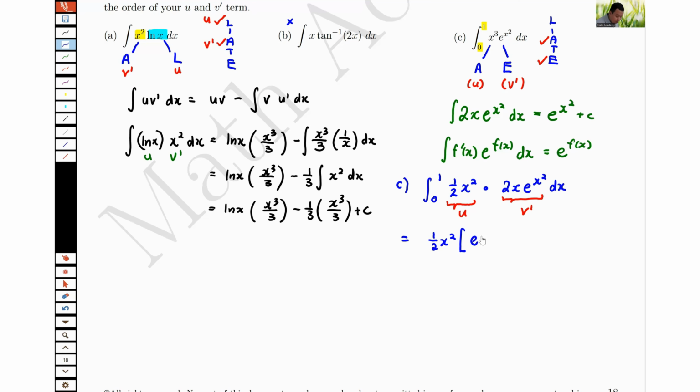So this should be e^(x squared). Integrate V prime is V. Formula says minus integral. V here continues. Okay, so V is your e^(x squared). Now you need U prime. U prime means we differentiate this term. You differentiate half x squared, you get x.